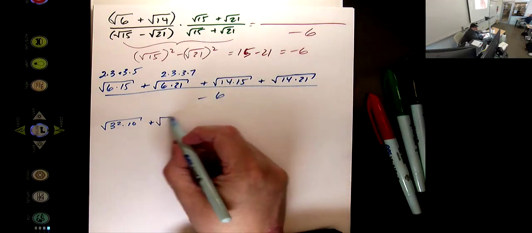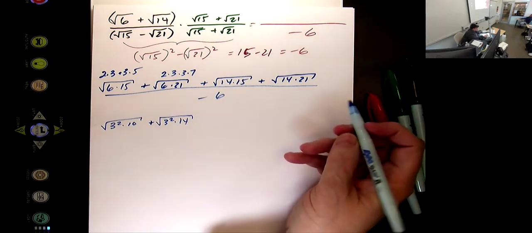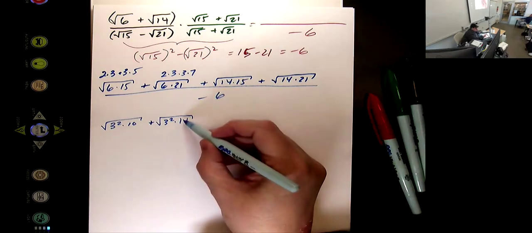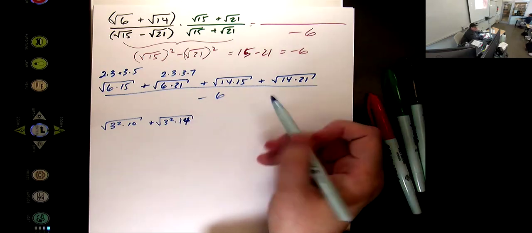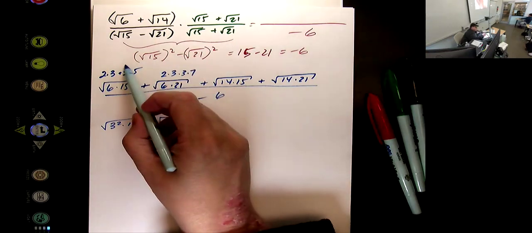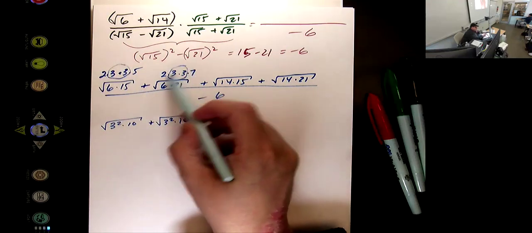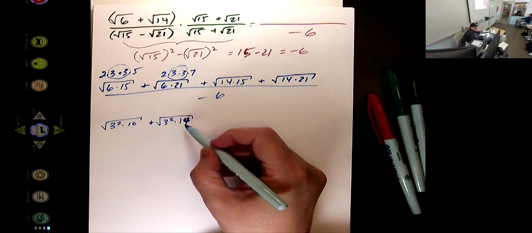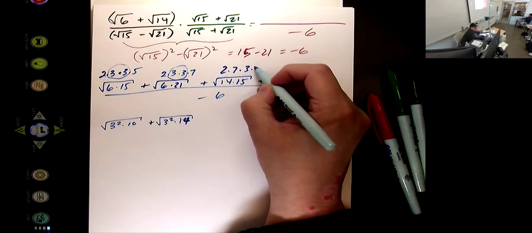So this is 3 squared times 14. Getting it down to the prime factors, that way I can see how to simplify it before I do the multiplication. So that gives me my 3 squared, and 2 times 5 is 10. 3 squared here, 2 times 7 is 14. Here, this is 2 times 7 and 3 times 5.